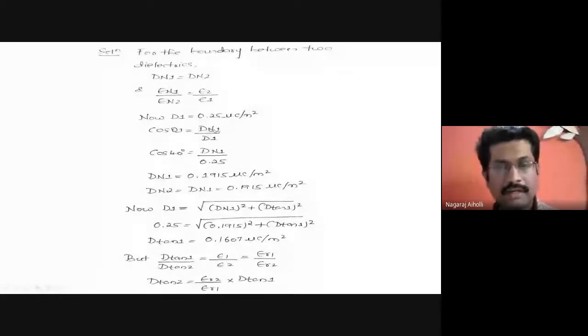D1 we know is 0.25. Solve it and get the value of Dn1. Do it, students. First note down these equations: Dn1 equal to Dn2 and En1 by En2 is equal to epsilon 2 by epsilon 1. Up till here you note down and find the value of Dn1.